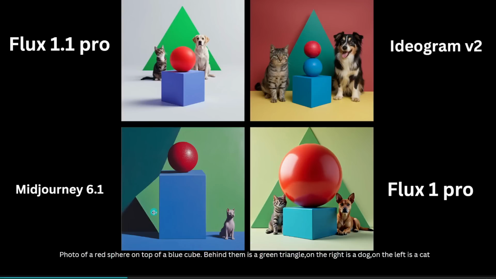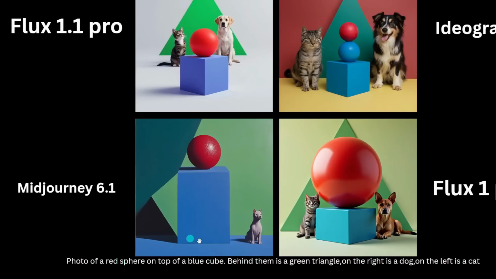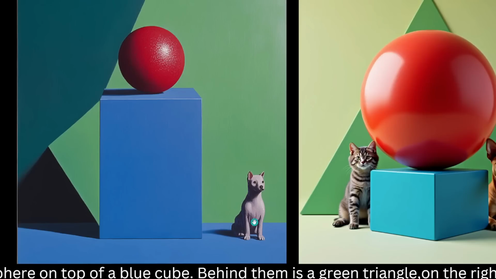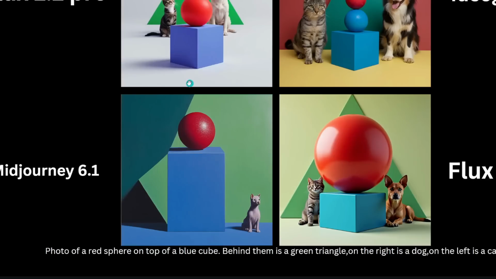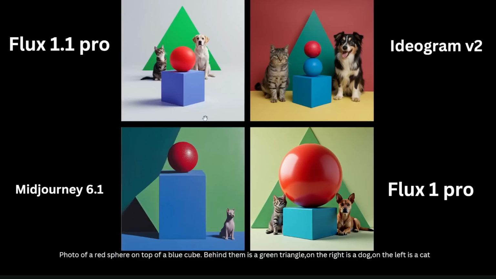And then Midjourney is, again, just god awful. It's missing a cat, and is this even a dog? And then there's not really a green triangle in the background. So yeah, there you go. And again, notice how FLUX 1.1 Pro is slightly higher in brightness and contrast and saturation compared to the other images, which may or may not be a good thing depending on what you're going for.